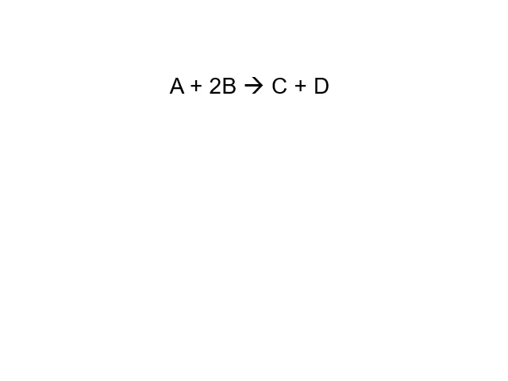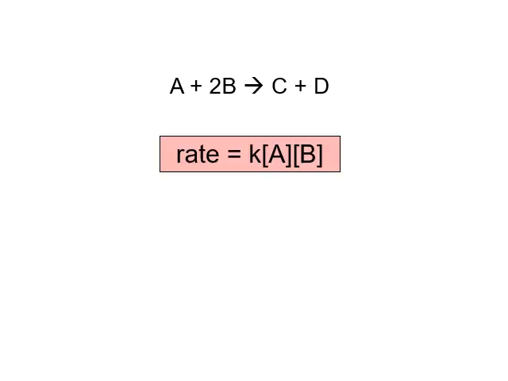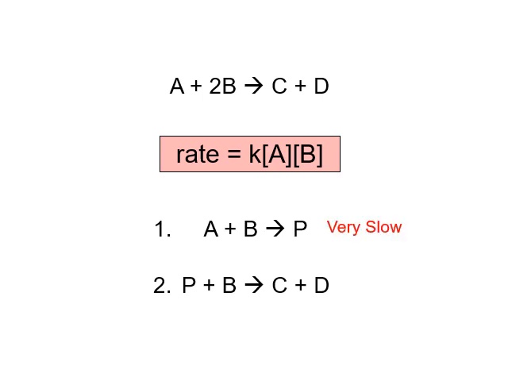Let's look at another example. So we've got A plus 2B going to C plus D. The rate equation only includes 1 A and 1 lot of B. So that tells you that the other lot of B cannot be involved in the rate determining step. So a possible first step is A combining with 1 lot of B to make P, and then P further reacts with the remaining lot of B to give C plus D. And you can see that in the rate equation, we've got 1 lot of A and 1 lot of B, and that would suggest that it is that first step that is very slow and is therefore the rate determining step.